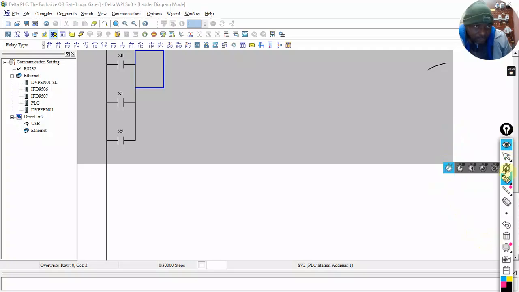Let me remove this. Our output there will be given by, if I use X1, what looks like a plus is an OR symbol, X1 or X2, it is our output.